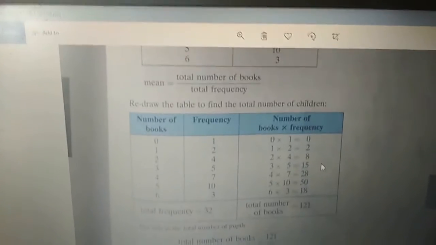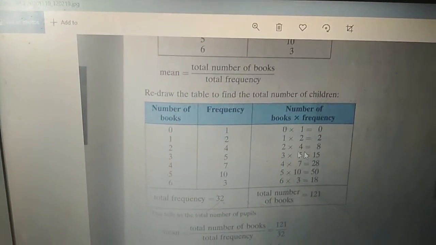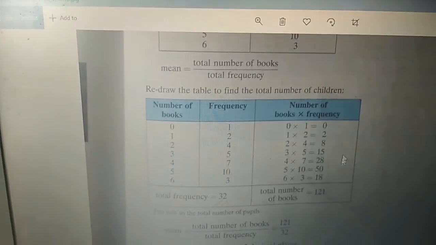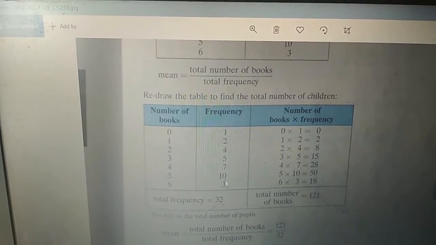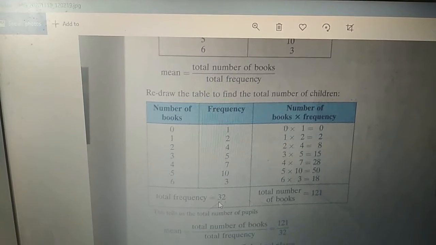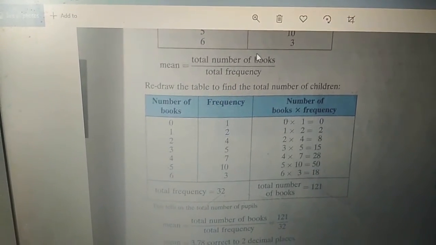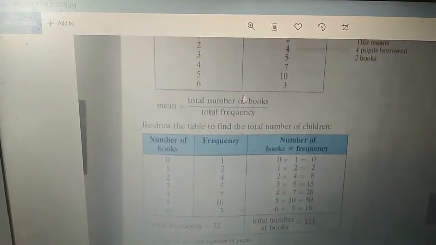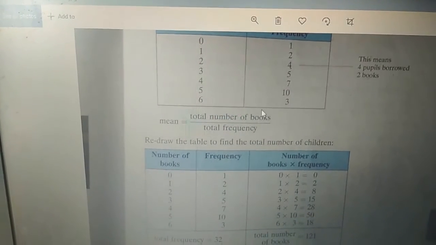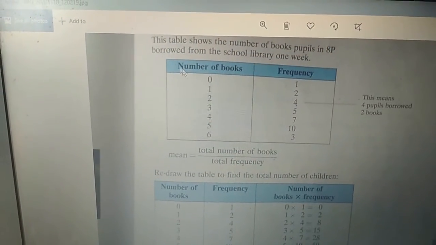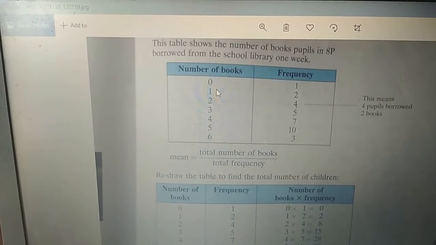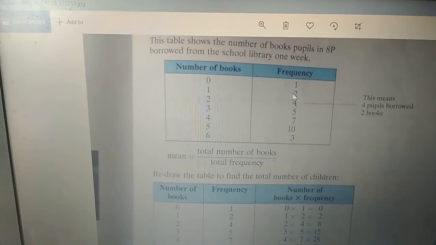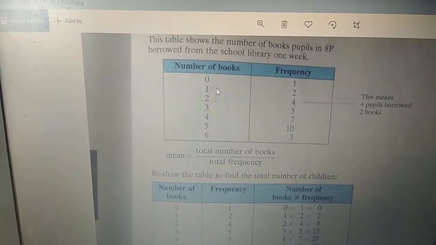Now we are done with the calculation. For the total frequency, we add all the frequencies, and it's 32. Now it's time to find the total number of books. Looking at the table, for book number 1, two people took one book.